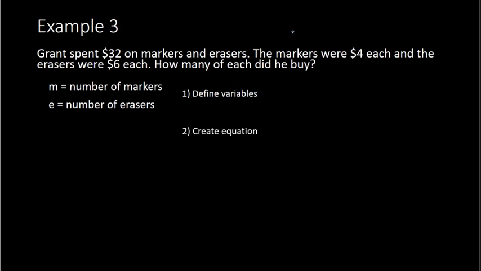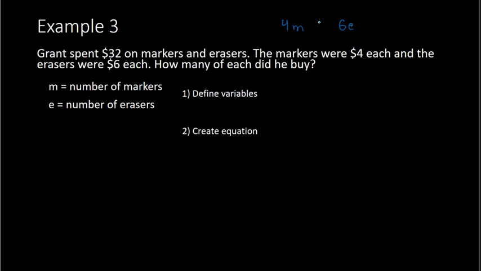So we know for the markers it is $4 times the number of markers that we buy. If we take $4 times the number of markers, that gives me the cost of the markers. For the erasers, it is $6 for each one. So we have $6 times the number of erasers, so 6 times e.